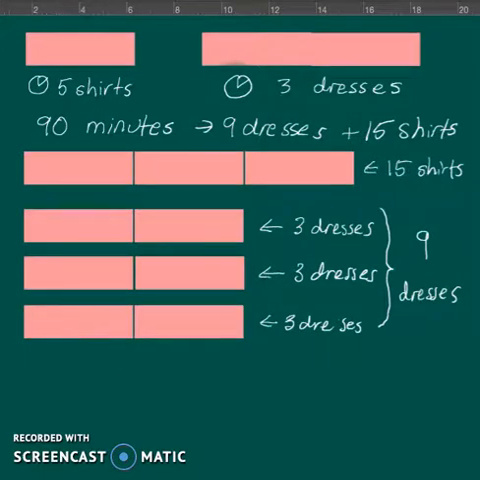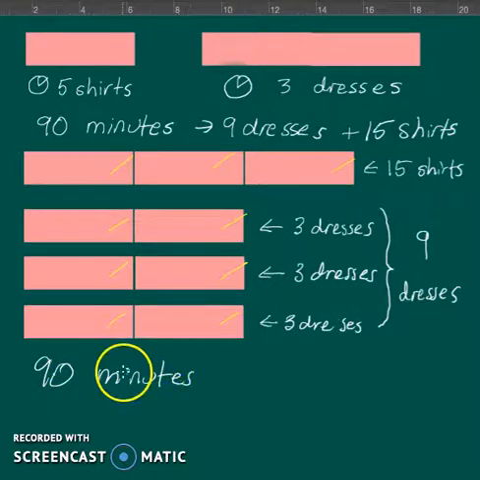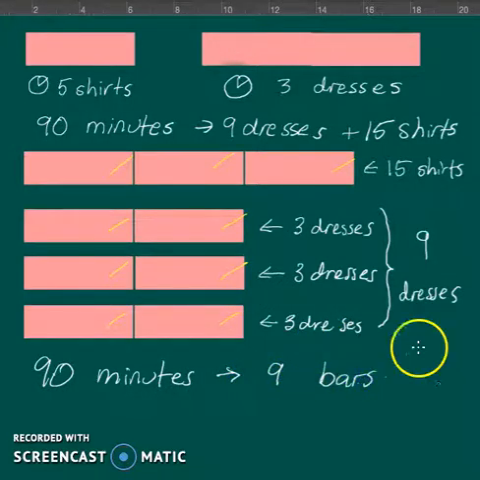So how many bars did we create? 1, 2, 3, 4, 5, 6, 7, 8, 9. So in the course of 90 minutes, we made 9 bars.